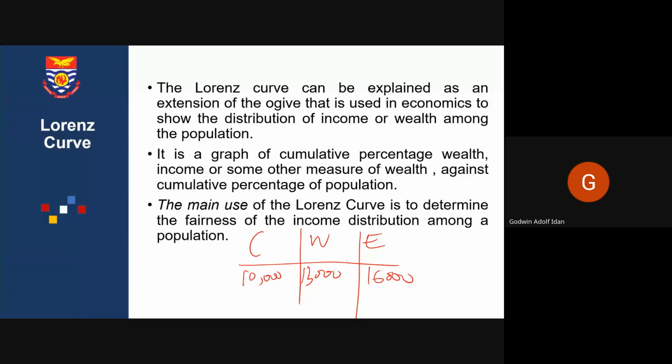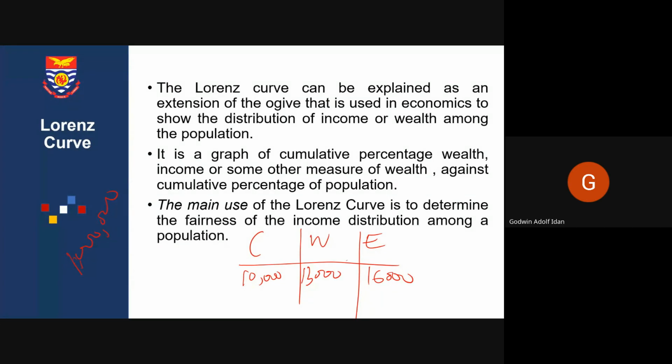Now, out of these 3 populations, if we are to share an income of 1 million Ghana cedis among these 3, how do we distribute it to bring about even or equal distribution of the income?